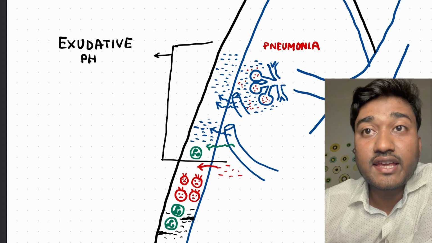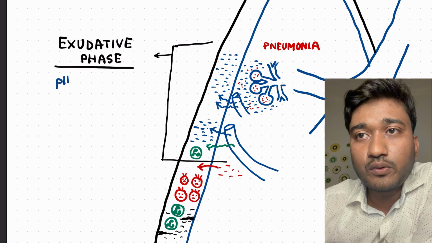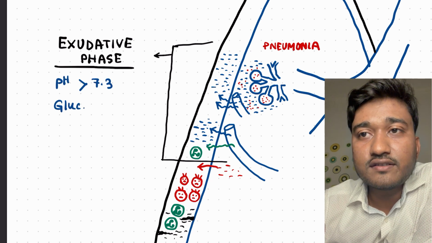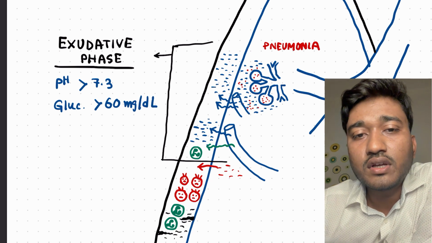We call this the exudative phase. In this phase there is fluid, proteins and a few neutrophils, but no organisms, that is, no bacteria.